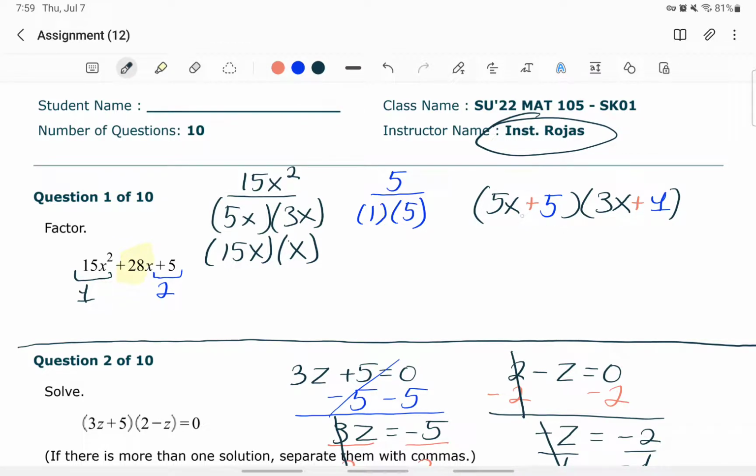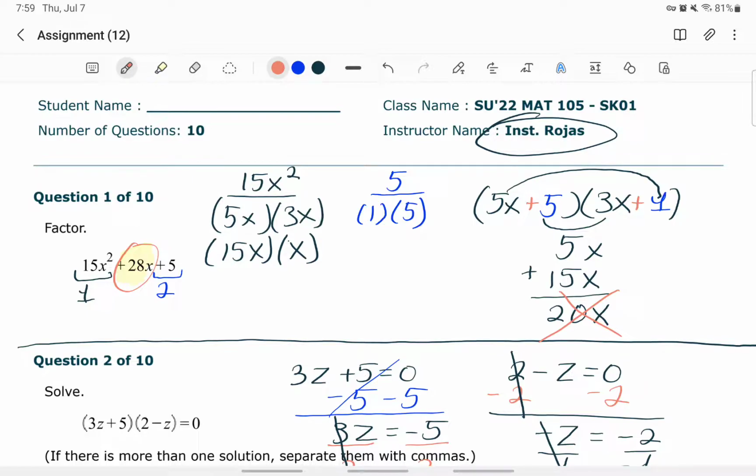So let's multiply the outer terms. 5x times 1, that is 5x. And we're going to add that with multiplying the inner terms. 5 times 3x is 15x. 5x plus 15x is 20x. And this is not the same as 28x.